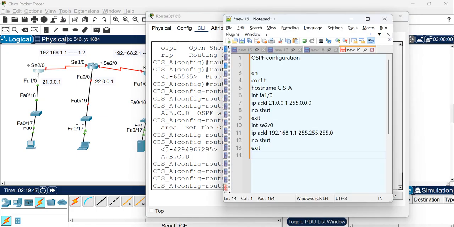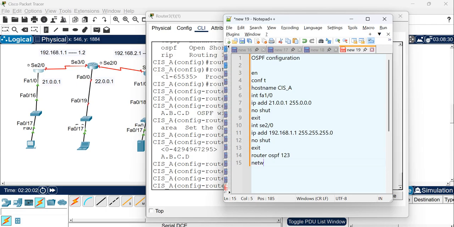So router OSPF, followed by the process ID. I'm going to give any number, 123.